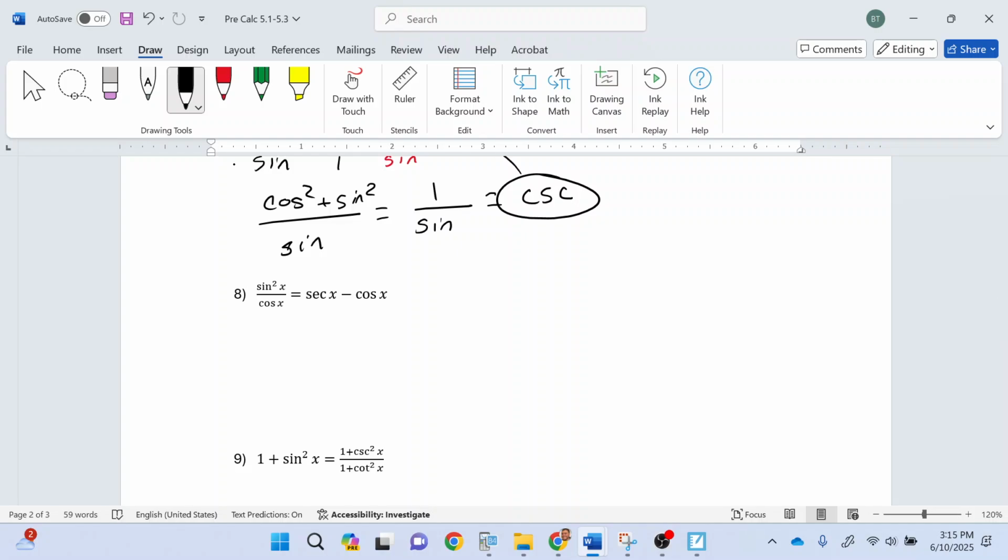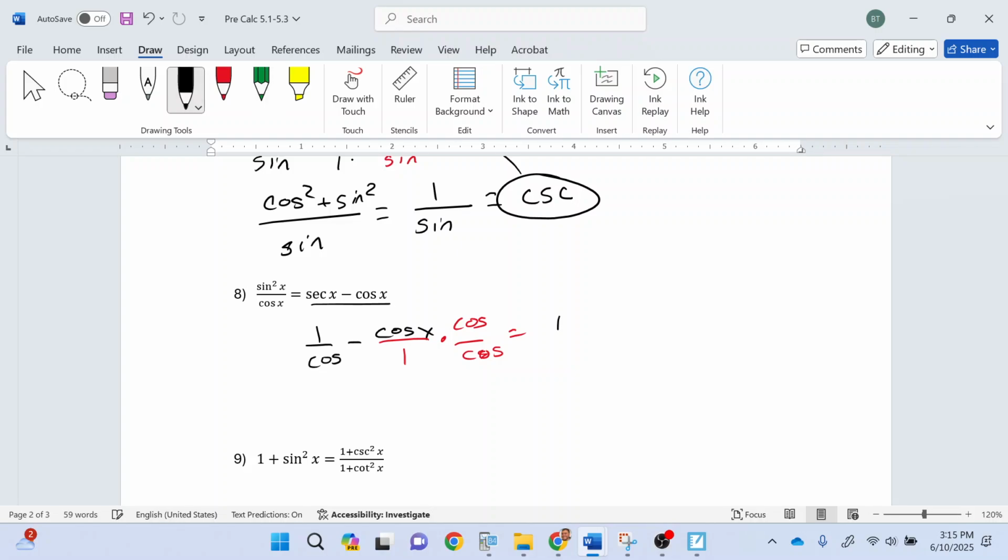Over here, it's easier to make a subtraction into a division or a multiplication, so we're going to change this one. So secant, I'm going to change to 1 over cos, minus cos over 1, I should say. So this guy needs a cos over cos.